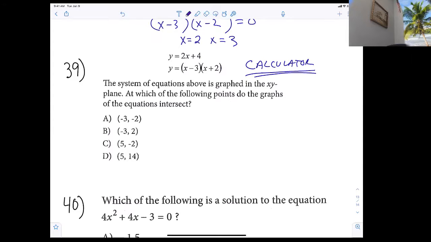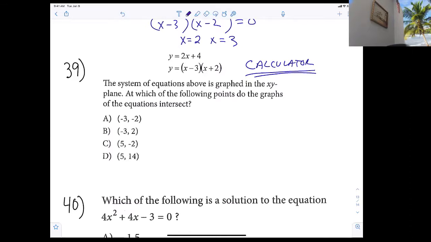So here we go. Graph that. Now, the calculator has the ability to calculate the point of intersection. If you're not with me, you've got to speak up. What I want everybody to do to calculate the point of intersection is hit second, then calc, and then you want intersection, which is 5.